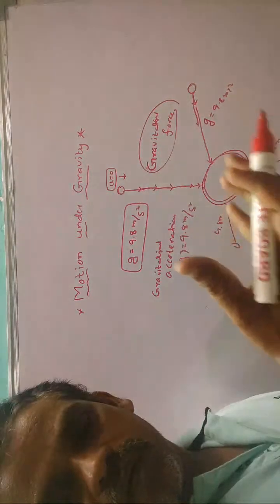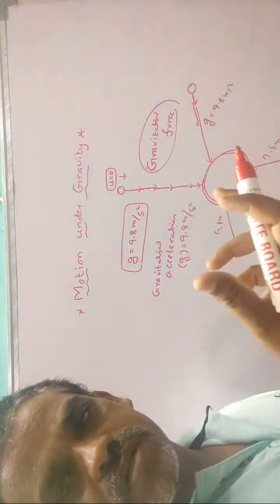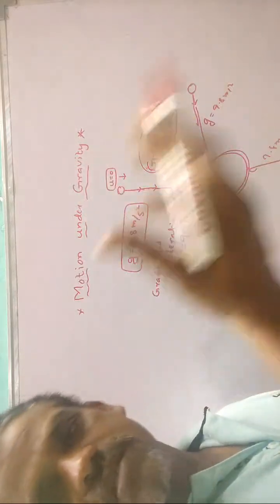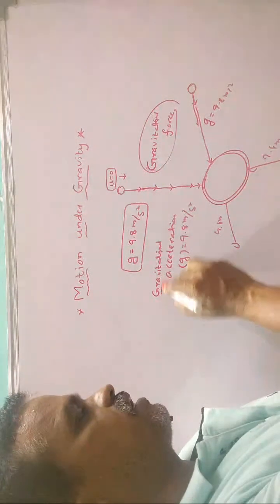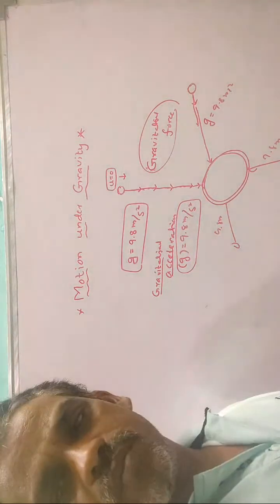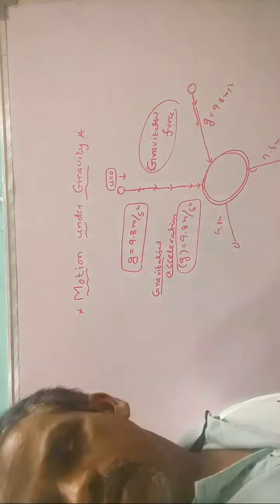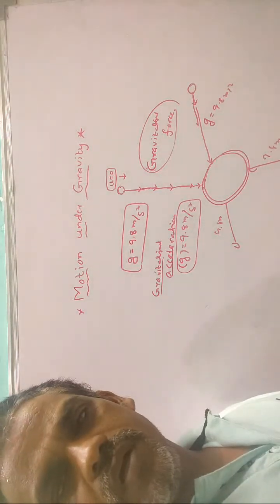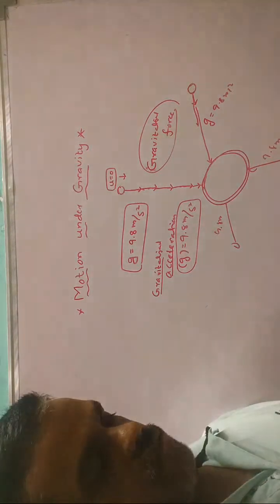The earth will attract the object, and the object will get acceleration. That acceleration is nothing but gravitational acceleration, equal to 9.8 meter per second square. You just try this one.